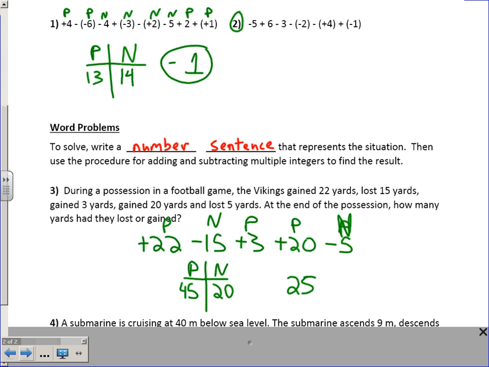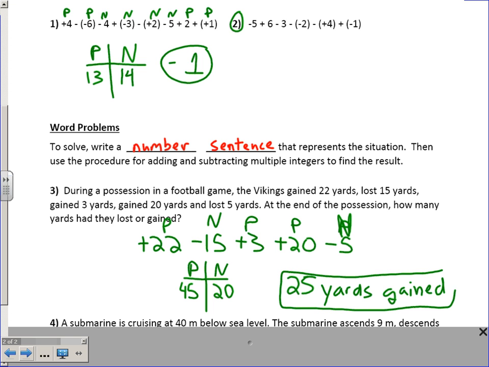But since it's a situation, not just numbers and signs like up above, we need to put words for this. So for our positives, we have to remember there were gains. And also, what did they gain? They gained yards. So 25 yards were gained in total, which means they advanced the ball instead of going backwards.